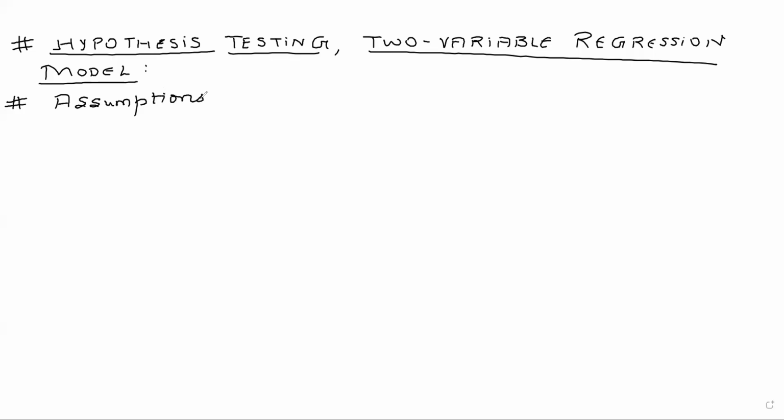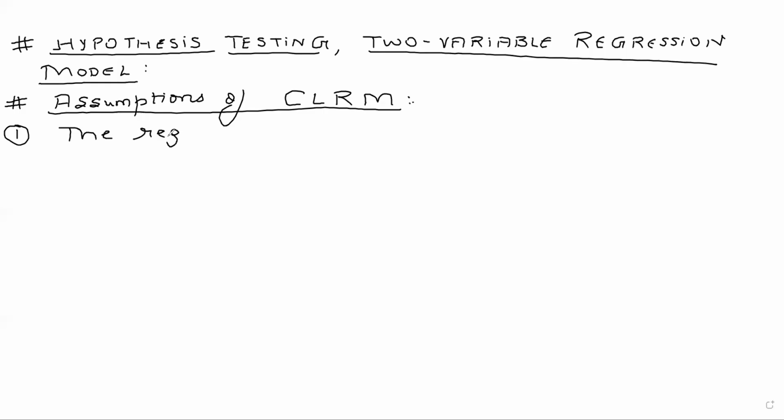So assumptions of classical linear regression model, CLRM. Let's look at these assumptions one by one. The first assumption is the regression model is linear in parameters.